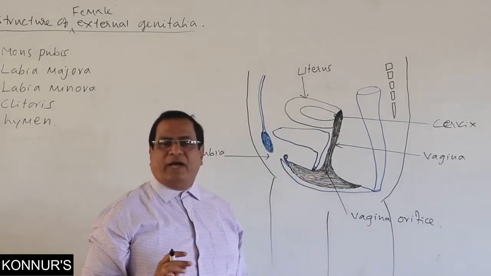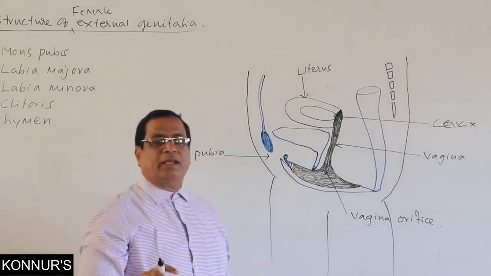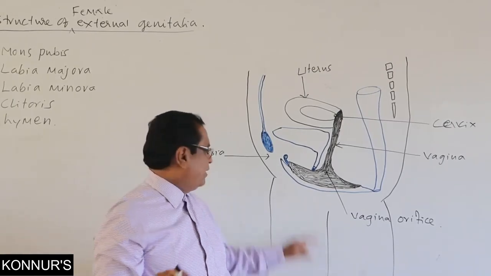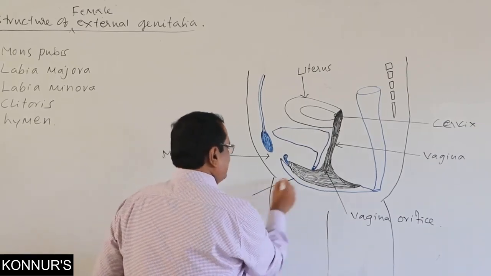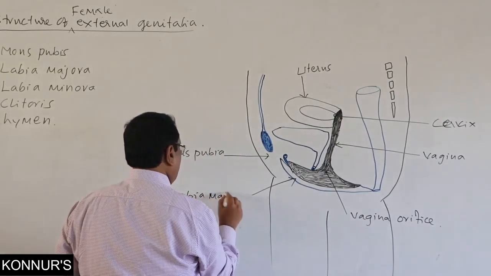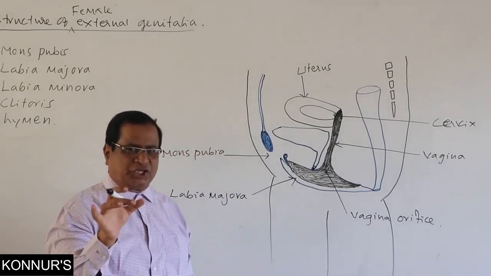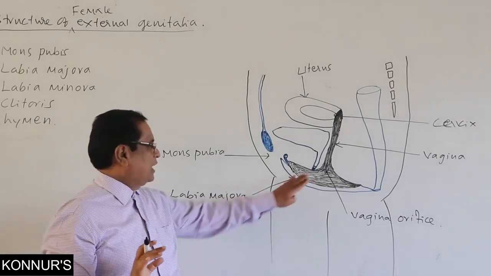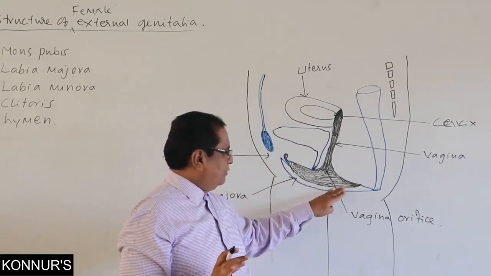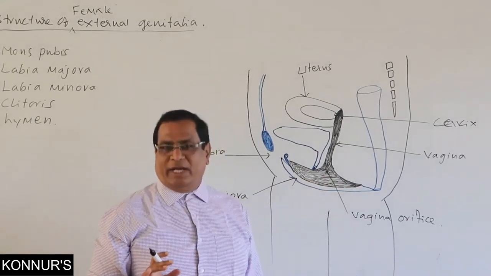This vaginal orifice is covered by a pair of fleshy folds named labia majora, which start from the mons pubis and go down around the vaginal orifice.